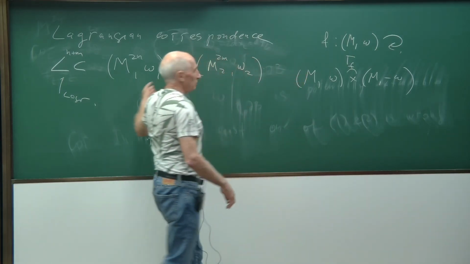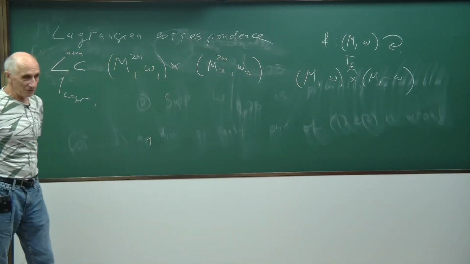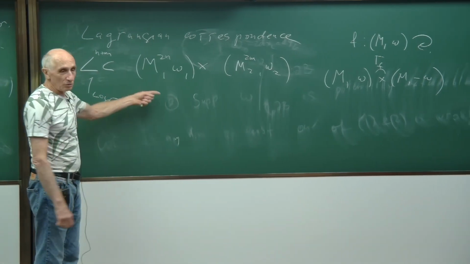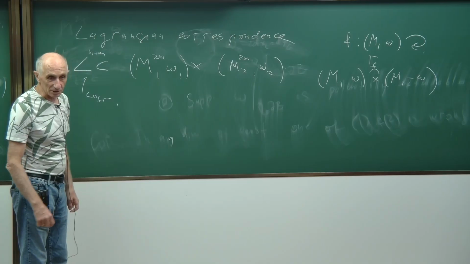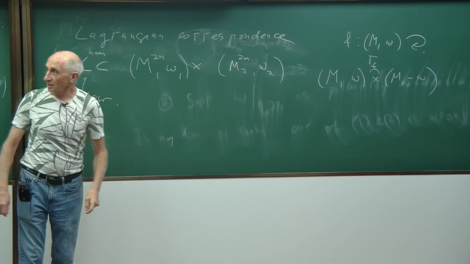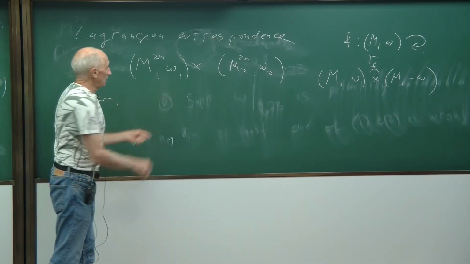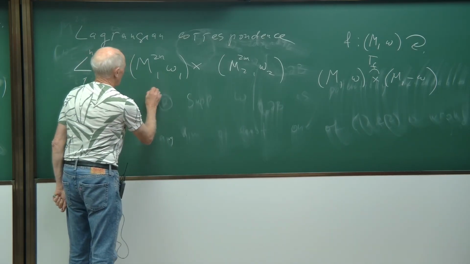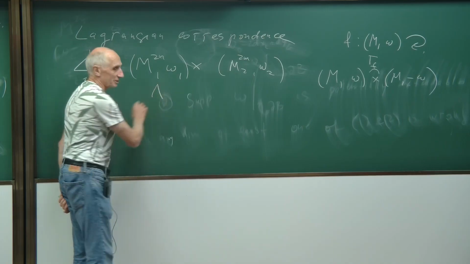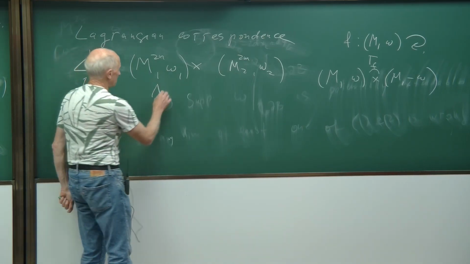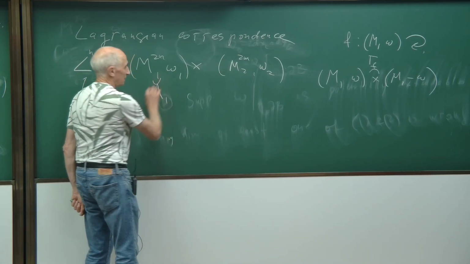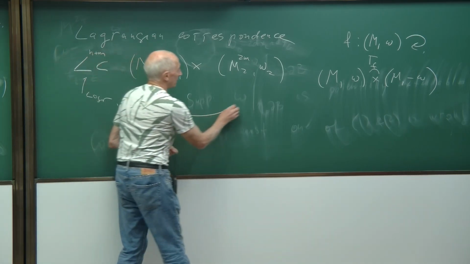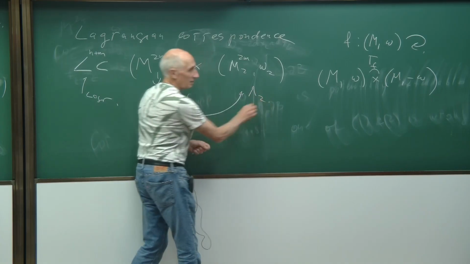Okay, so you take a Lagrangian submanifold, and now you can do the following construction. Using the Lagrangian correspondence, you can choose any Lagrangian. Let me call it lambda. You take a Lagrangian in M1, and using this construction, I will produce a Lagrangian in M2.